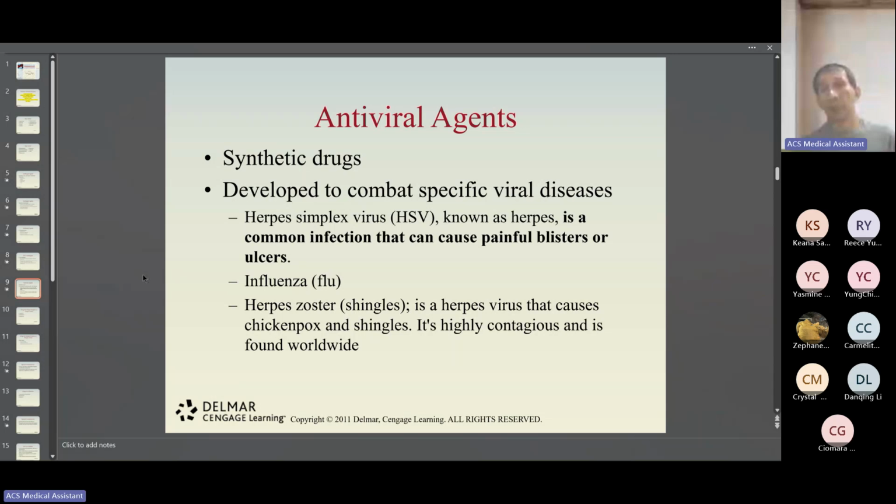Now, herpes simplex 2, that is the sexually transmitted infection, in which you're going to see a bunch of blisters in your genitals, whether the female genitals or the male genitals, and it is very highly contagious. It can pass from one person to the next just by direct contact. Those blisters should not be popped if you have them.